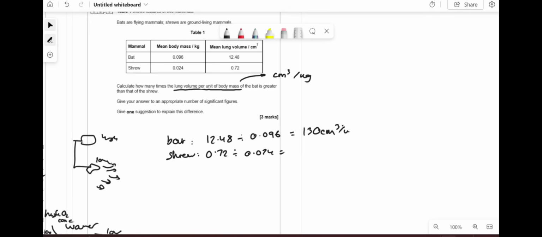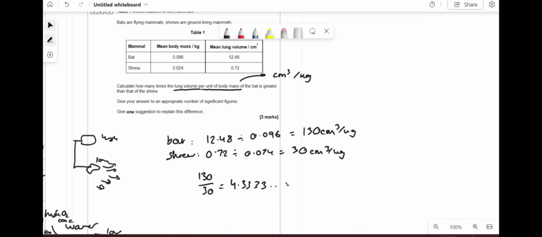Centimeters cubed per kilogram gives you 30 centimeters cubed per kilogram. So now it says calculate how many times greater the one of the bat is than that of the shrew. So 130 divided by 30 is equal to 4.33333 and so on.